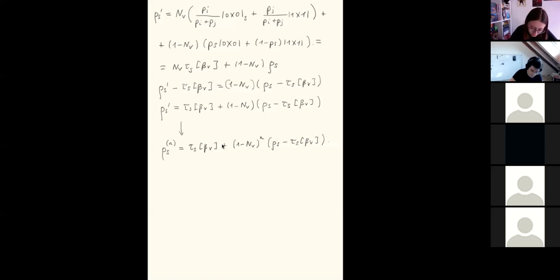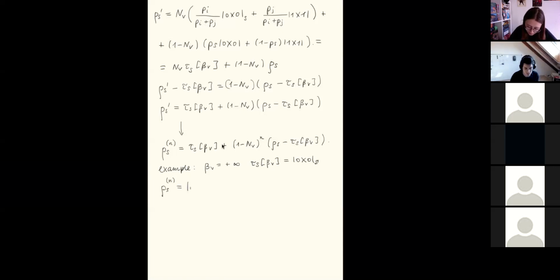Okay, and so coming back to our example, the virtual qubit has temperature plus infinity, which means its thermal state is the ground state. And then after n applications, we end up with the following.